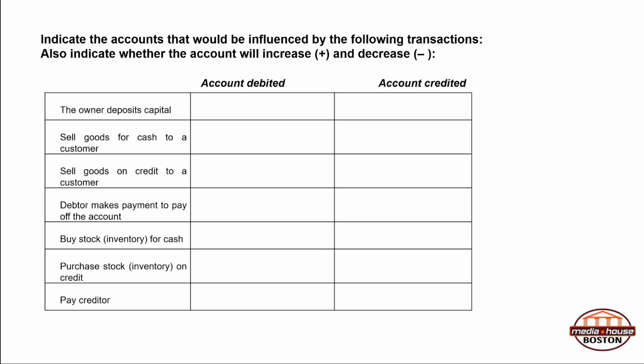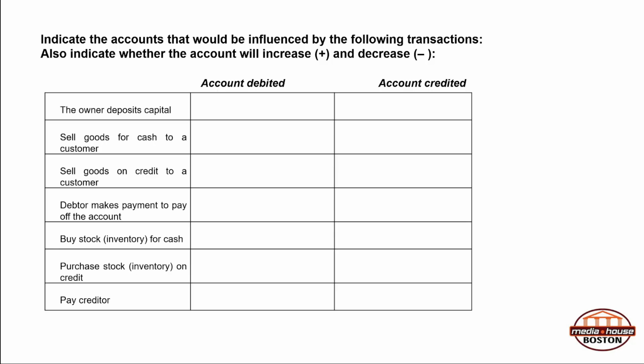So during class time, I asked you to perform this particular activity: indicating the accounts that will be influenced by the following transaction, and also indicate whether the account will increase or decrease. So we are looking for the account that will be debited and the account that will be credited.